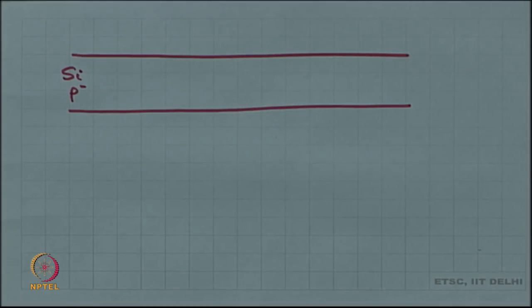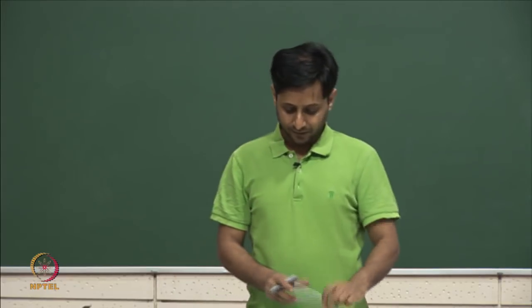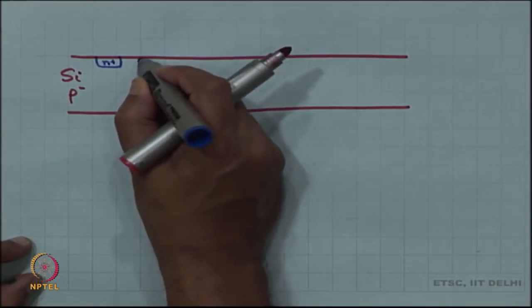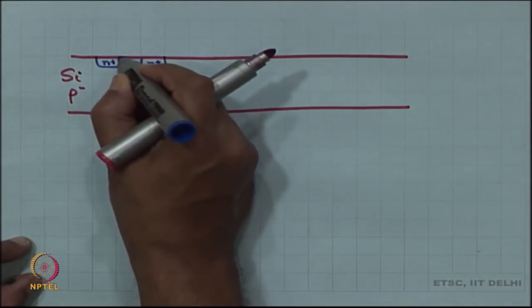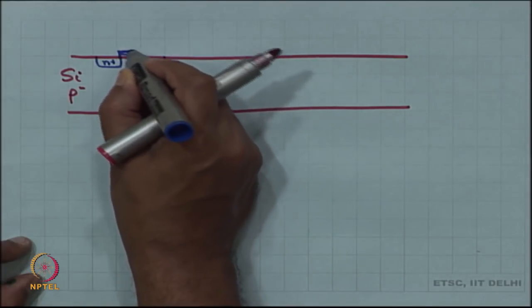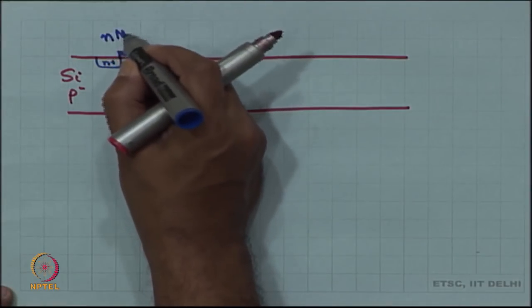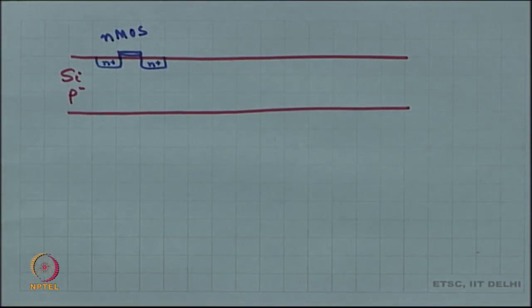Now, when you make NMOS devices, this is fantastic because you just implant N plus and make the gate. So, this is an NMOS device, right, but for a PMOS device you need an N type body.